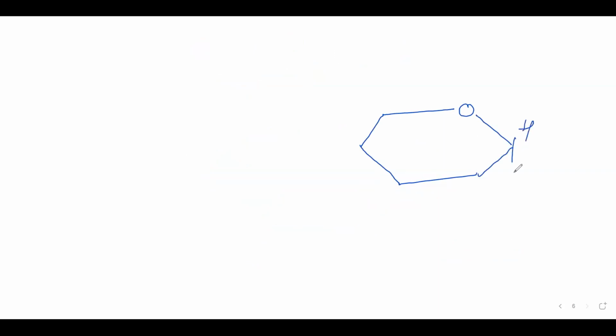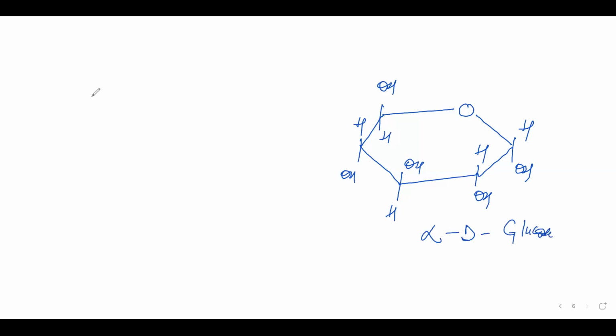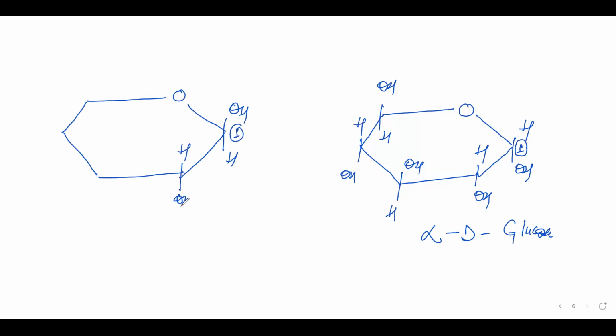ये फर्स्ट कार्बन पे HOH HOH OHH, HOH and OHH. This is alpha D glucose. अब मैं बना रहा हूं इसका बीटा स्ट्रक्चर। अब ये देखो, बस ये डिफरेंस आएगा। On the first carbon this is different, and the first carbon, rest all structure remains the same.